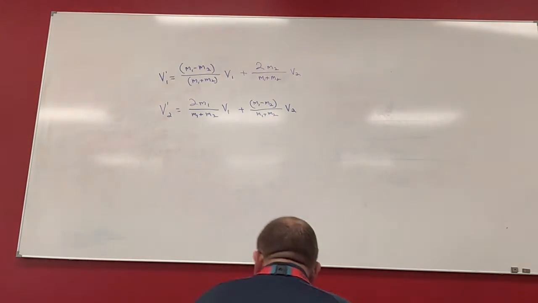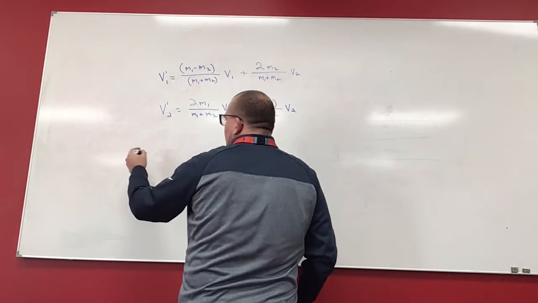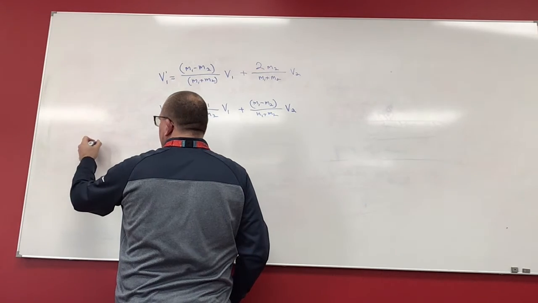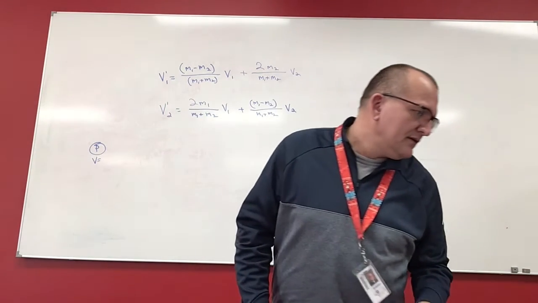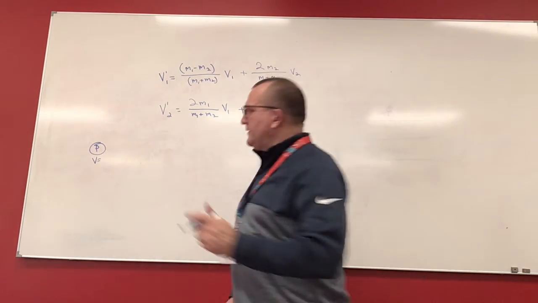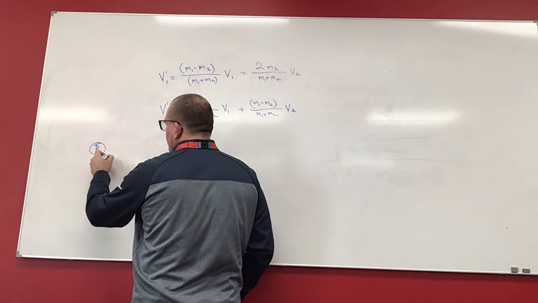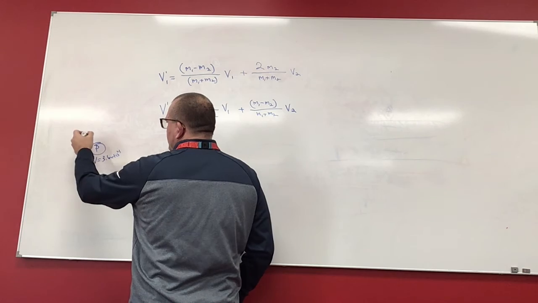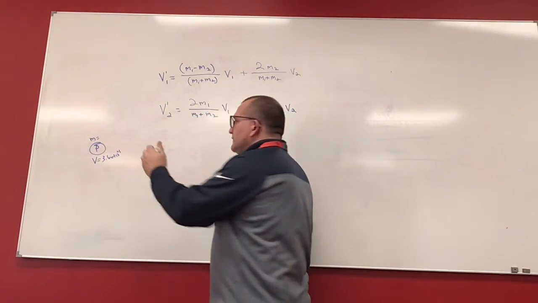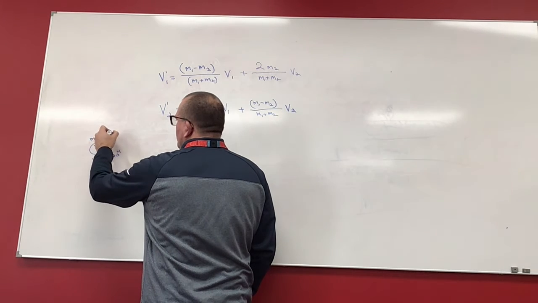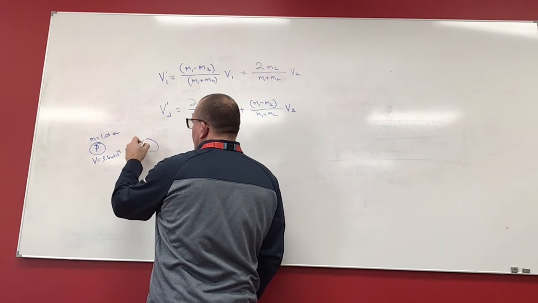So here's what we got. We got a proton moving with a velocity of 3.6 times 10 to the 4th, and its mass is 1.01 U. Got a helium atom here.